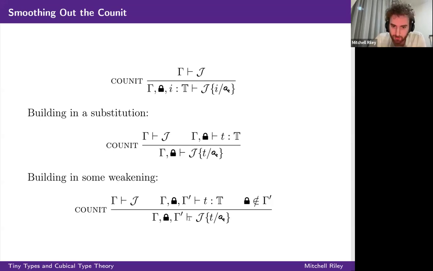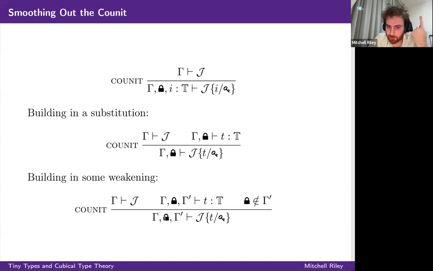Okay, so how do we think about this rule? Well, here's how I want to think about it. Over here, we've got some judgment which we've built just using stuff in gamma. And now we want to use that construction in this extended context where we've now got a lock to the right of the gamma that we started with, right? So we shouldn't be allowed to use that construction directly. We're going to have to do something to it to get it out from behind that lock.